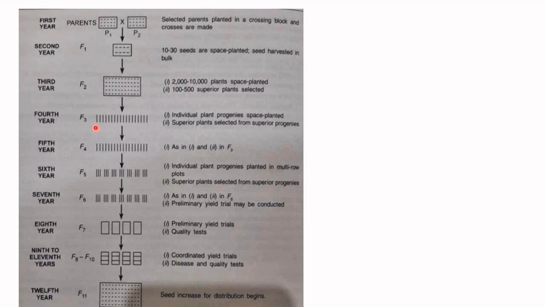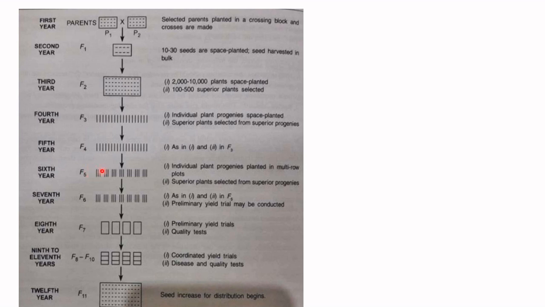From this single row of progenies, we are going to select superior ones and proceed to the next generation and so on. So it has to be proceeded up to F4 generations, and later in F4 to F5 generations, single plants, superior plants, have to be selected from superior progenies and grown in multi-row plots.